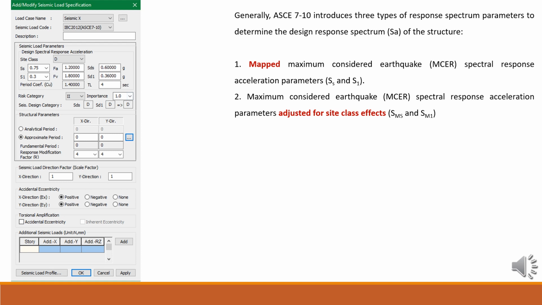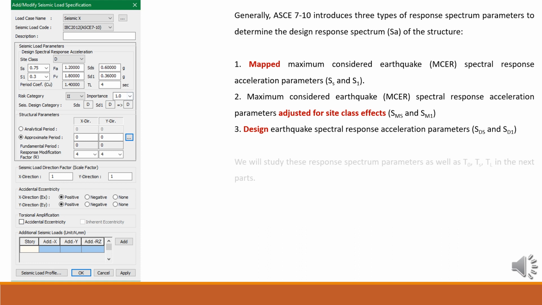MCER spectral response acceleration parameters adjusted for site class effects, SMS and SM1. 3. Design earthquake spectral response acceleration parameters, SDS and SD1. We will study these response spectrum parameters as well as T0, TS, TL in the next parts.